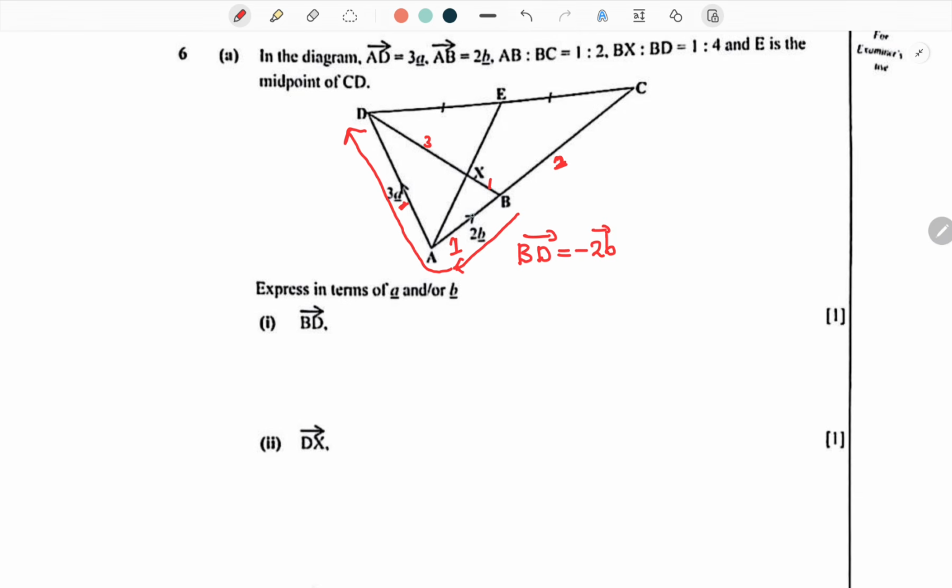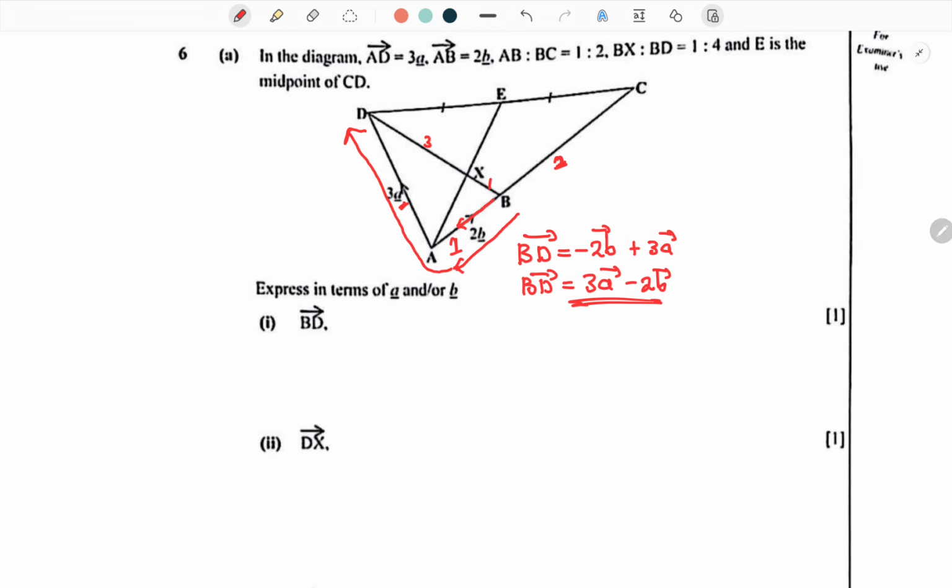Why am I saying minus? Because we are going against the direction. And of course, this is going to be plus 3a vector. So BD is going to equal 3a vector minus 2b vector. And this becomes our answer.